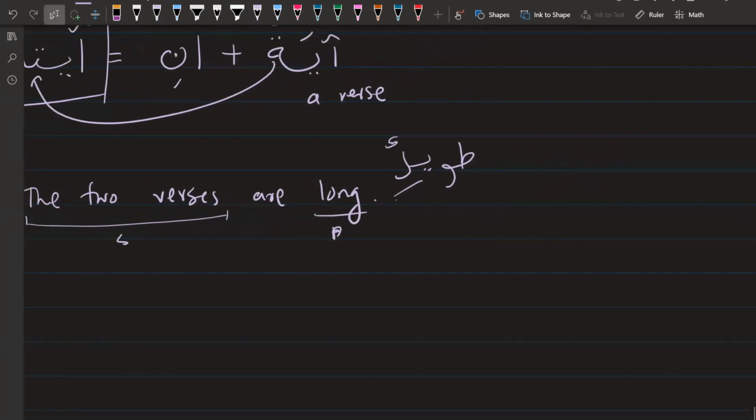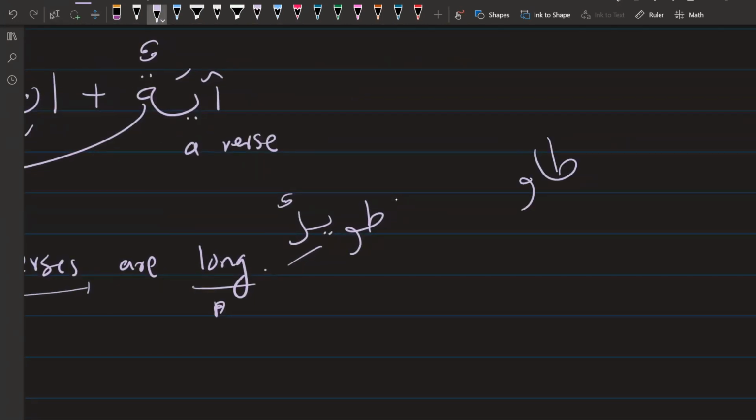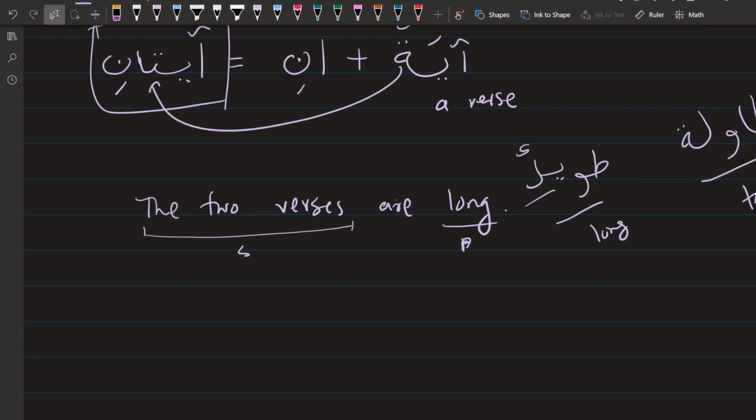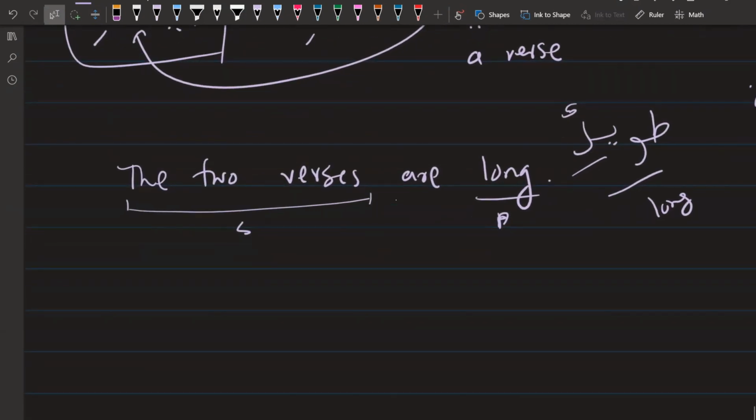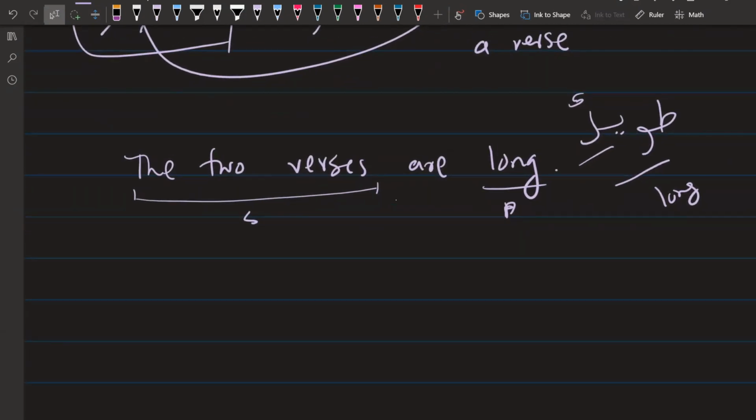And remember, we have two words, tawila and tawil. Tawila is table and tawil is long. Good. So now we have all the words that we need, and inshallah we know all the rules also, the structure of the Arabic language.